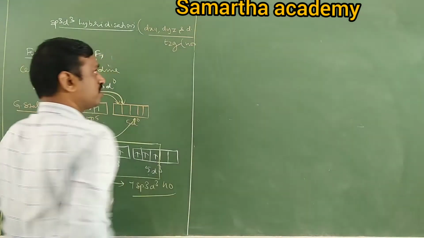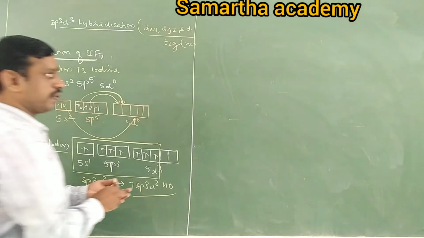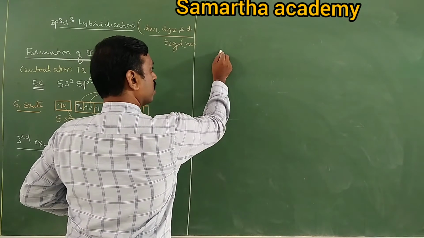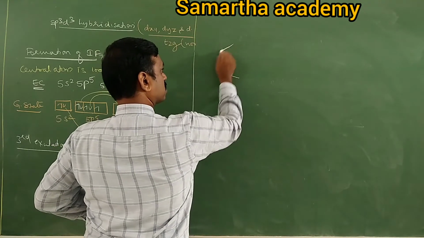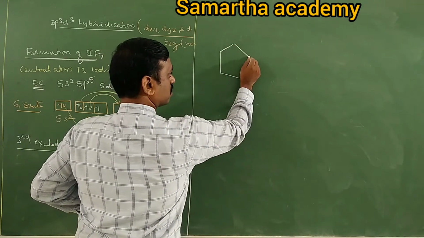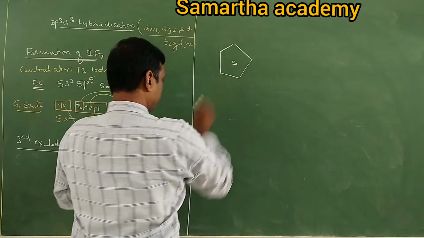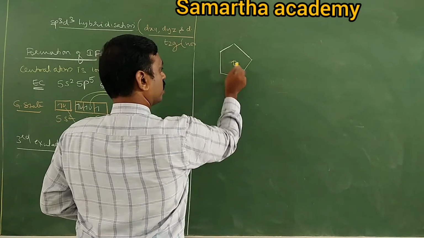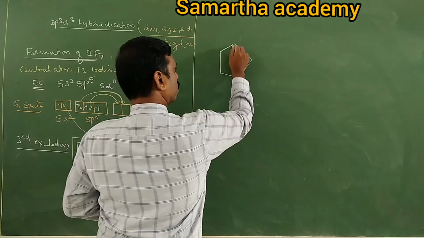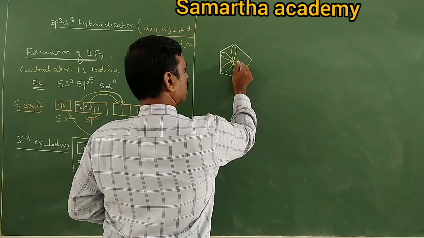How are the seven sp3d3 orbitals placed? Pentagonal bipyramidal. You know the meaning of pentagonal. Five orbitals are placed at the five corners of the pentagon, here on iodine: 1, 2, 3, 4, 5.